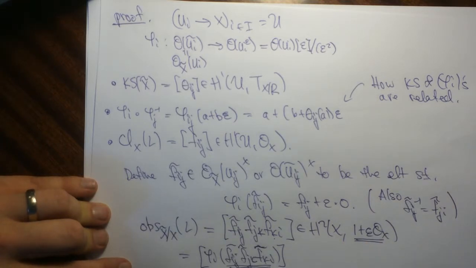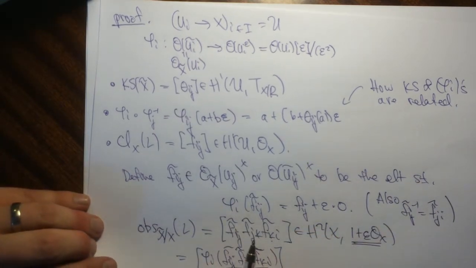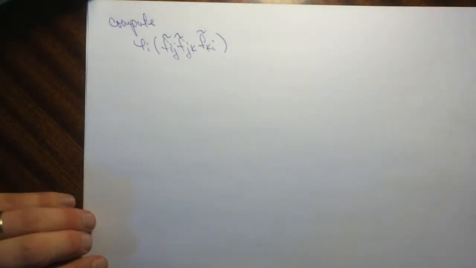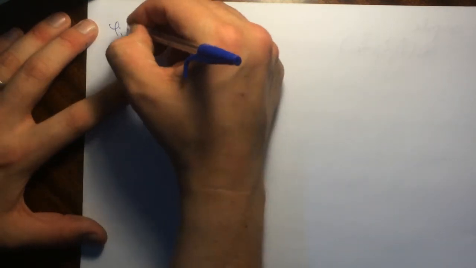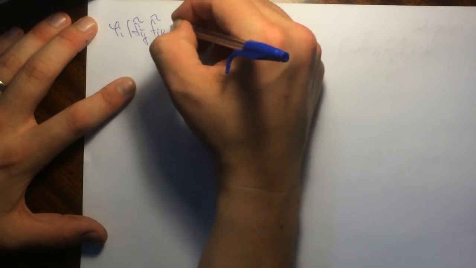You can view this in both ways. Okay, so what I want to do now is compute phi of F_ij tilde, F_jk tilde, F_ki tilde.